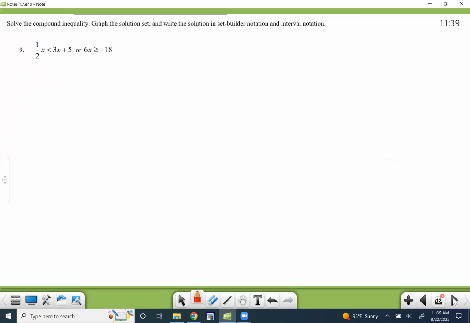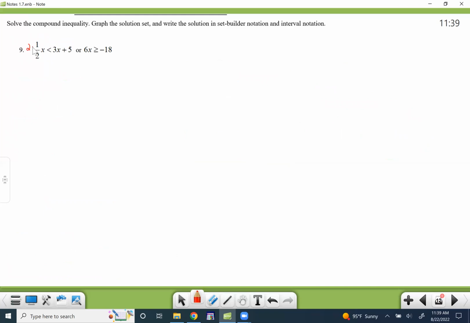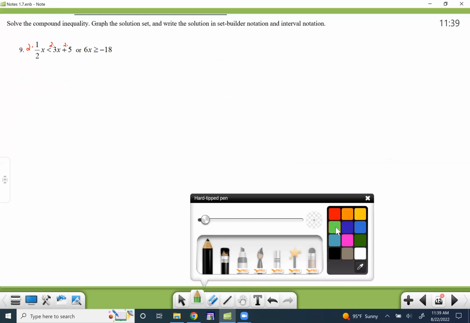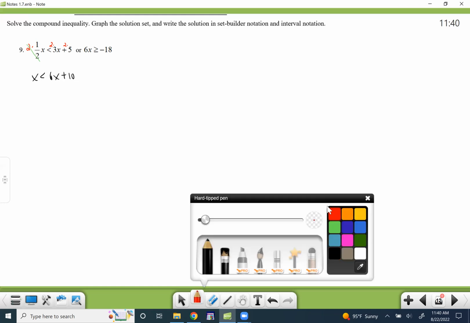Okay. So let's go ahead and do this one. I'm just gonna do a quick multiplication by 2 to everything, you guys, to get rid of the fractions. Just makes my life way easier, okay? So 1x or x, 2 times 3 is 6, 2 times 5 is 10. Okay, so I'm going to solve that.